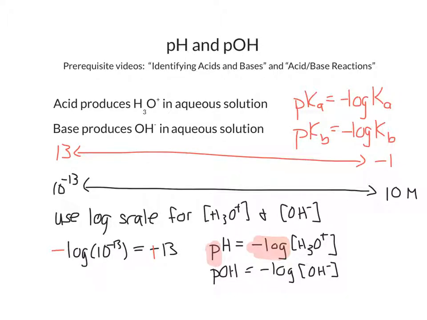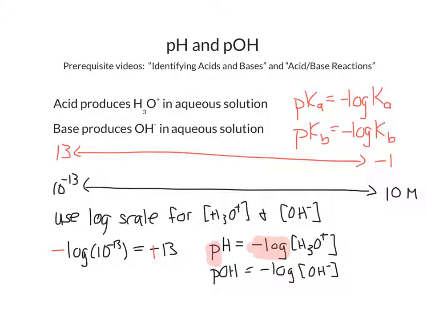So when we have a very low concentration, we're going to have a larger p-value. When we have a very high concentration, we're going to have a smaller p-value. And so things work in a sort of reverse direction because of this minus sign.